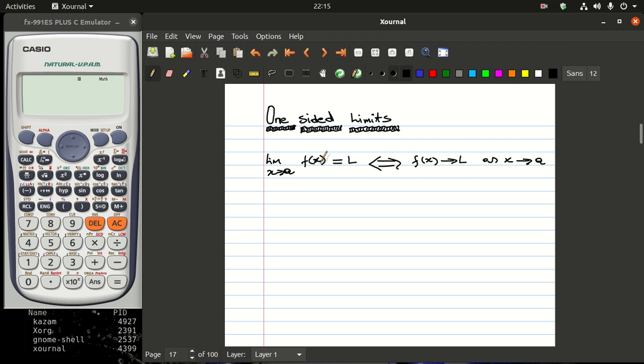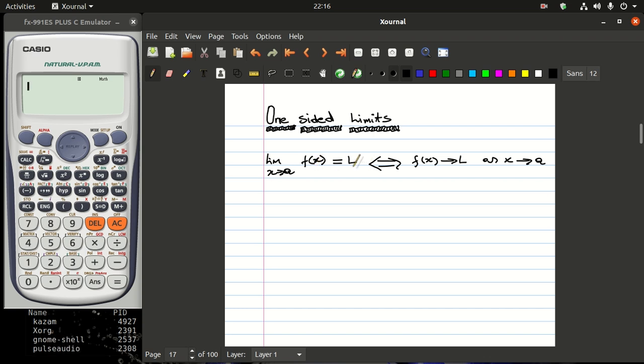And we said that if x is equal to a and we plug in that value a here, we get an undefined. We don't really care what is happening at x equal to a, because we're only concerned about the neighborhood, or the points we can pick closer to a, and what value the function is evaluated to.